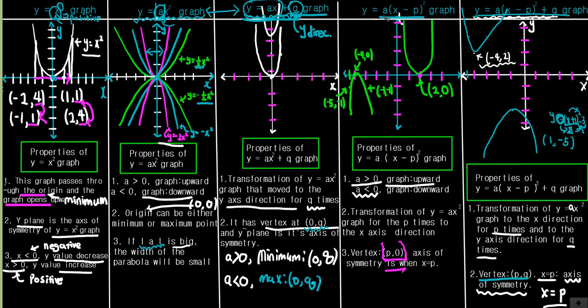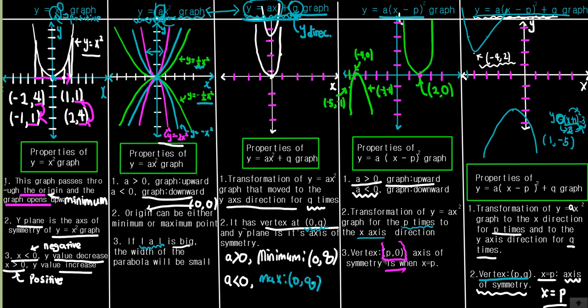And also for the y is equal to a times x minus p squared graph, we need to remember that it is a transformation of the y is equal to ax squared graph, which we transformed, and we moved that quadratic function's graph by p in the x-axis direction.